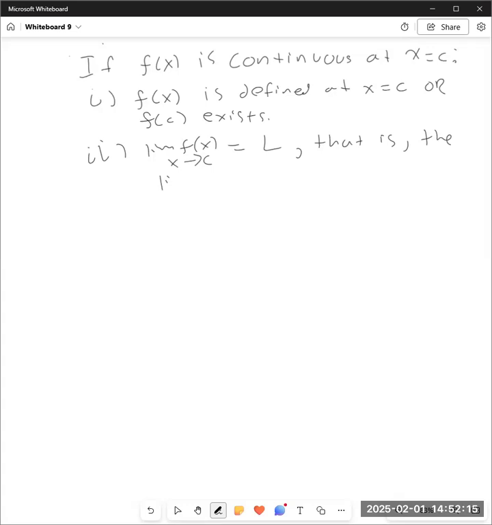And then the last thing is going to be that those two things have to equal one another.